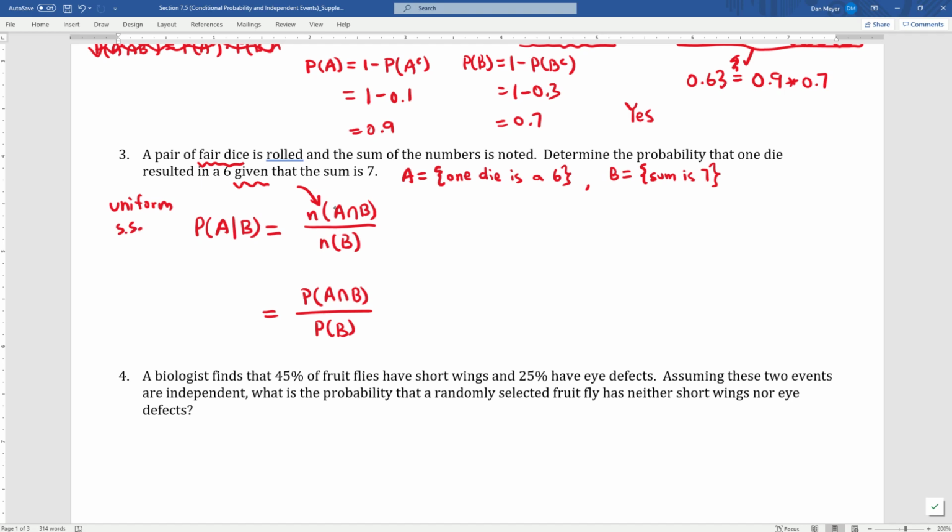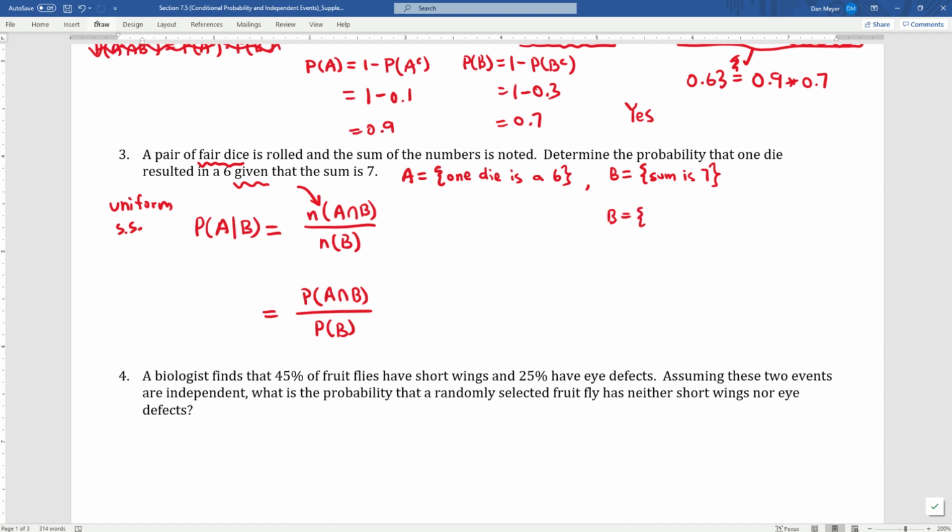And I think when we have this kind of problem, we can just write these things down using roster notation. I think it's best to start with B. Usually you start with your conditional event, and B is the conditional event here.